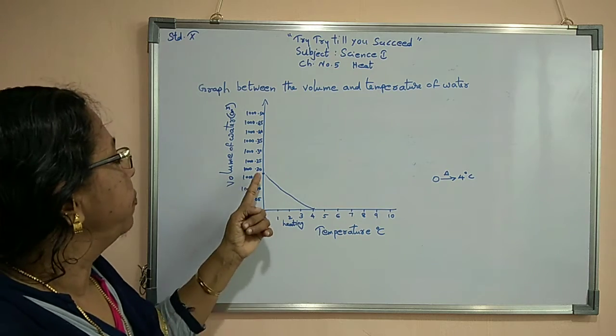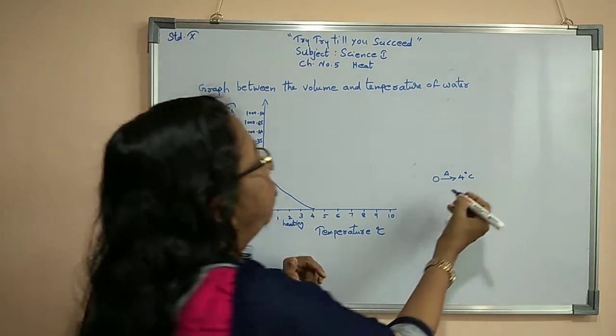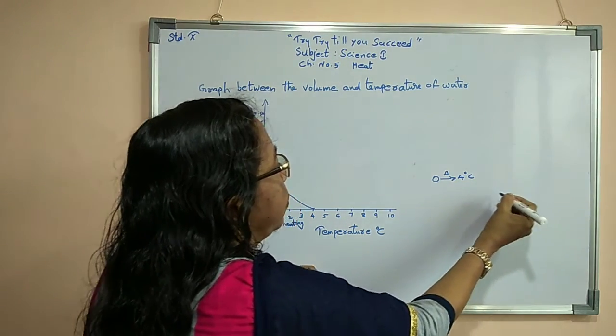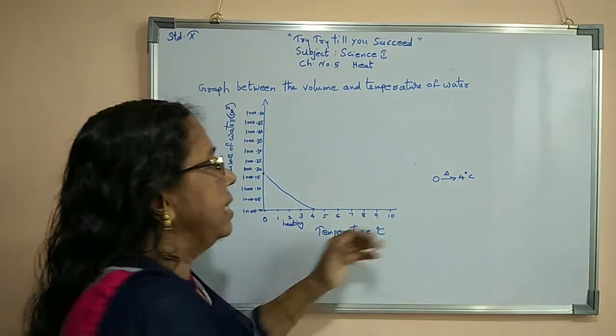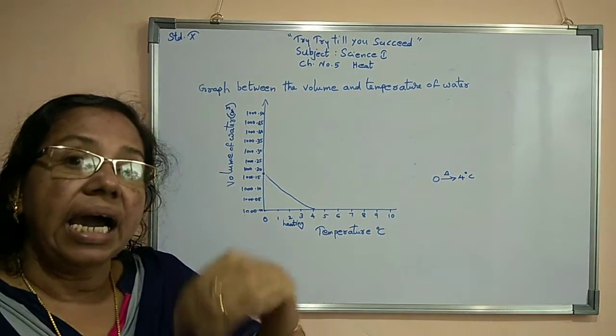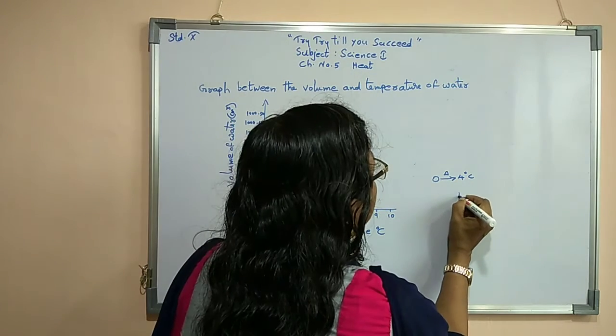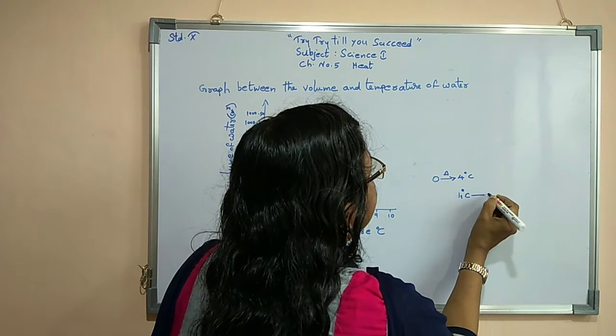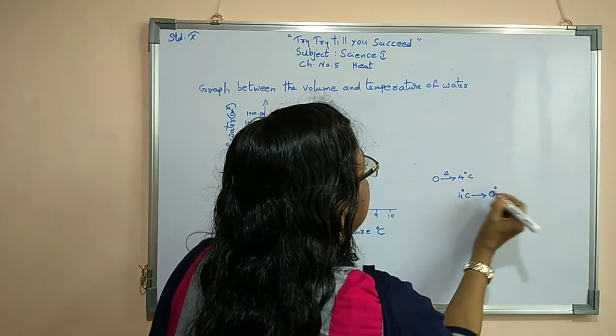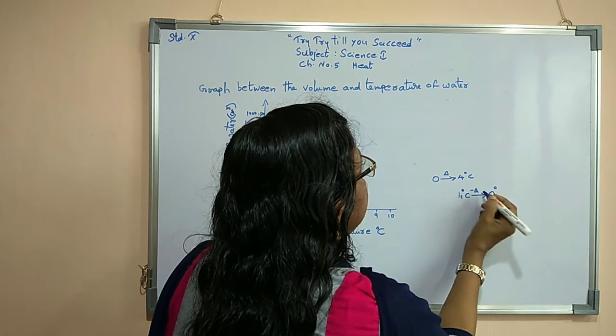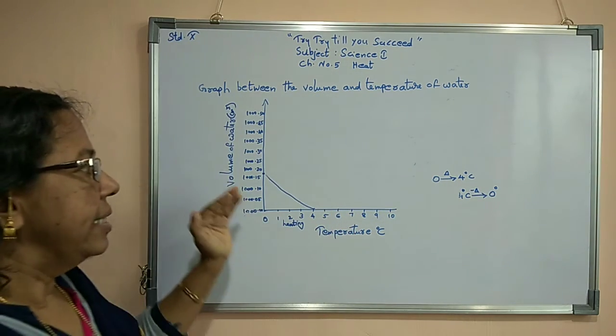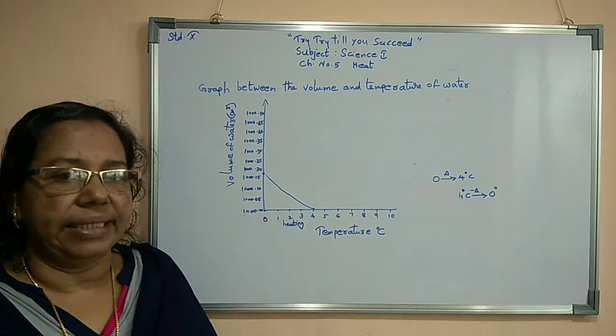If we are cooling it from 100 degree to 4 degree Celsius, it contracts. After that, from 4 to 0 degree Celsius, if we are cooling it, we can find that the size of the water increases.